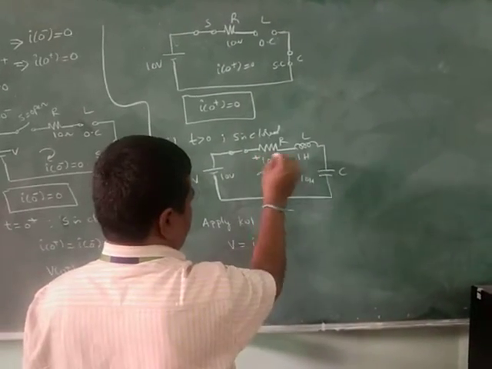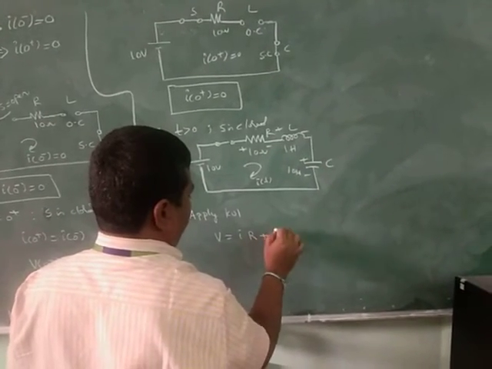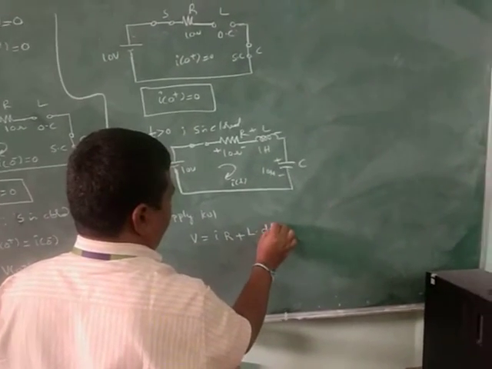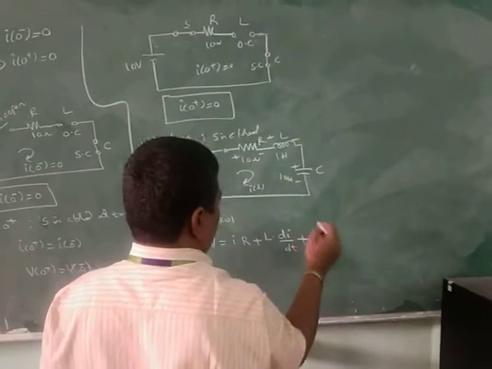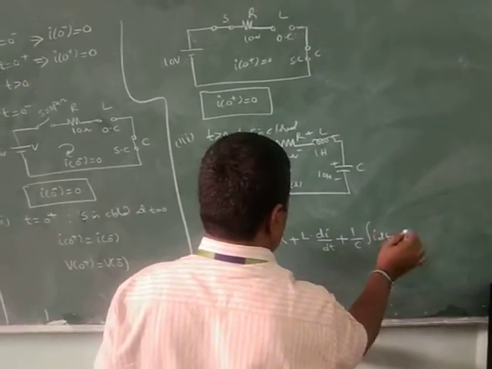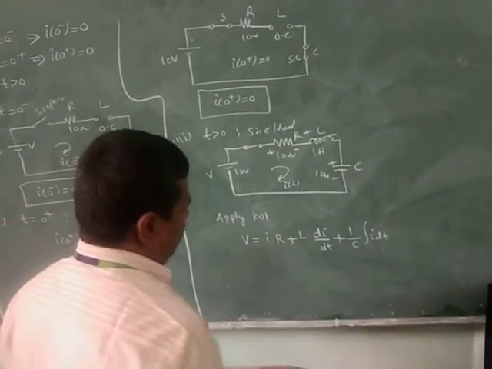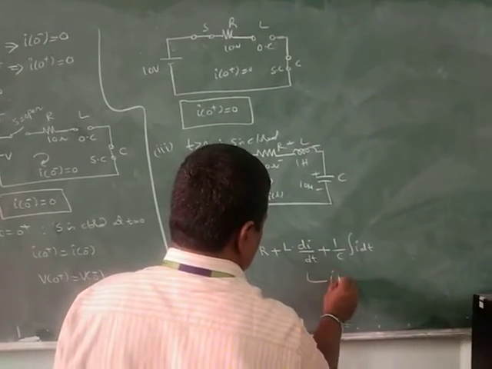plus the voltage across the inductor, L di/dt, plus the voltage across the capacitor, 1/C integral of i dt. This is the KVL equation, equation 1.